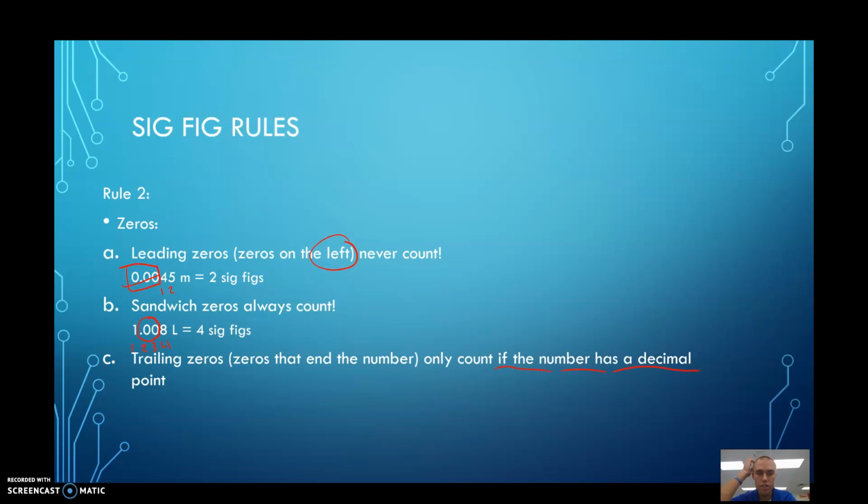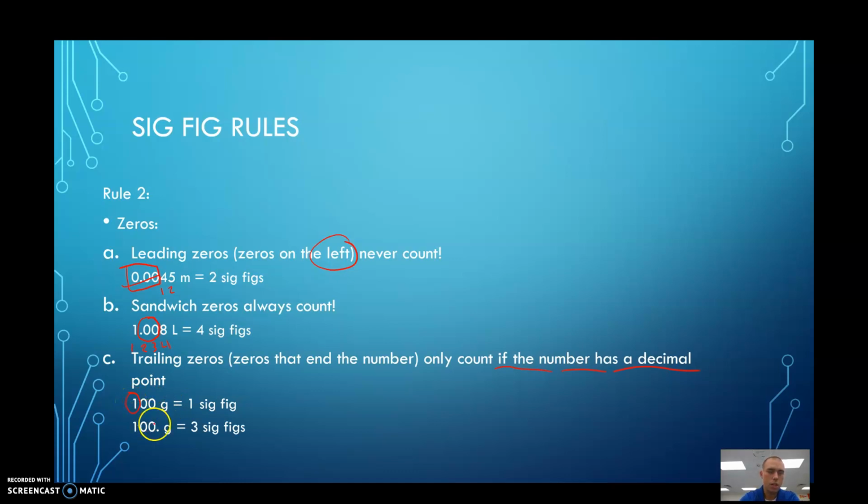If it doesn't have a decimal point, then trailing zeros do not count. Okay? So let's look at some examples. This number 100 here, there are some trailing zeros right there, but there is no decimal point in this number. So this digit is the only one that is significant. So we would say that it has 1 sig fig for the number 100.